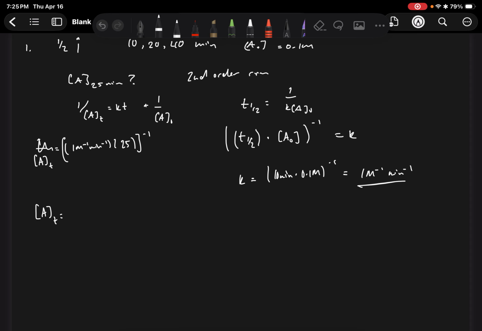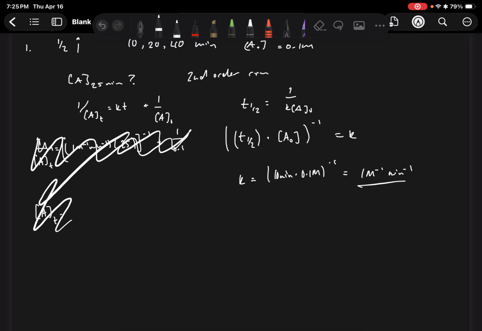So it should be 1/25. Or no, wait, I forgot the last part. Plus 1/0.1. Okay, wait, let me just redo this part again.